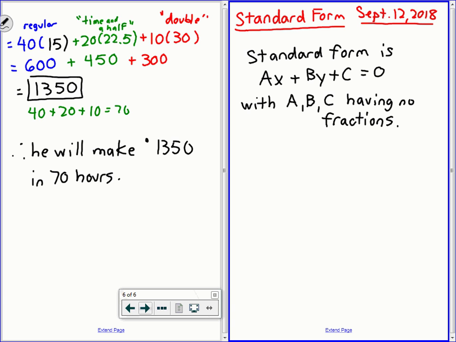Ax plus by plus c equals 0, with a, b, and c having no fractions. It's an alternate version of y equals mx plus b. The reason people like it is that there are no fractions.